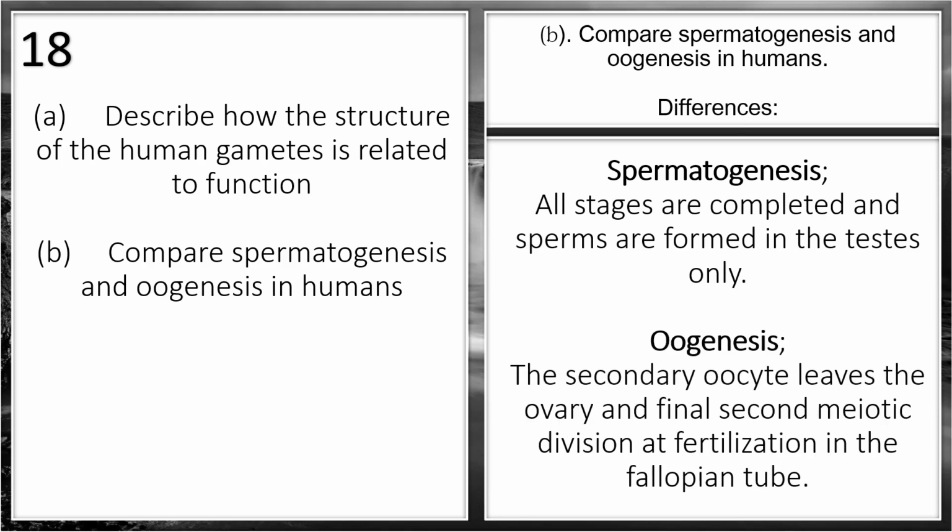In spermatogenesis, all stages are completed and the sperms are formed in the testes only. In oogenesis, the secondary oocyte leaves the ovary and the final second meiotic division occurs at fertilization in the fallopian tube.